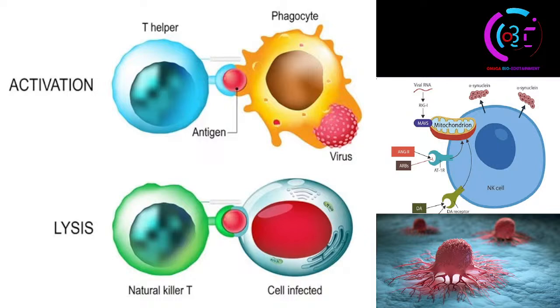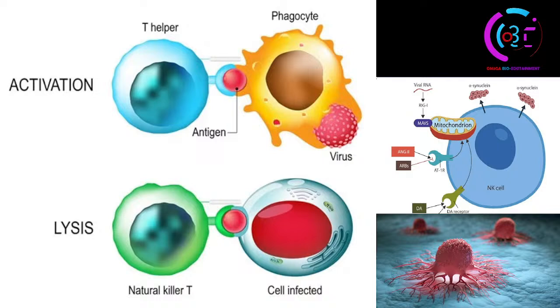Apart from glycoproteins, they also contain some lectin substances, which they use to activate what is called the classical pathway. We are going to see more of this when we get to the complement system.